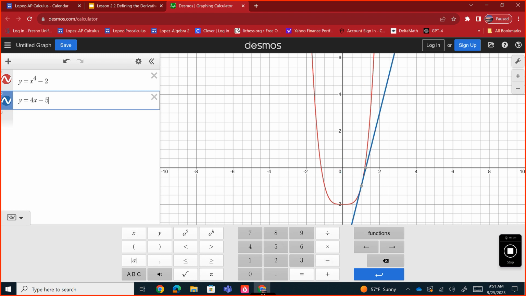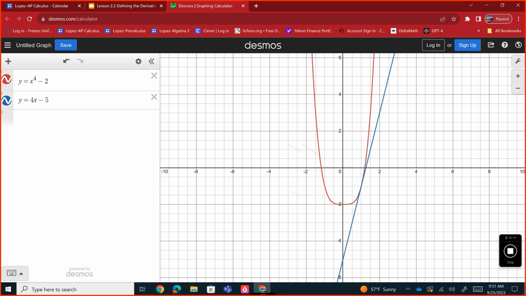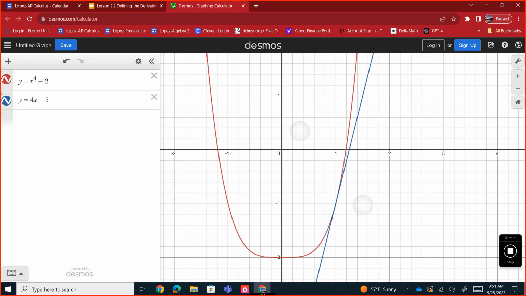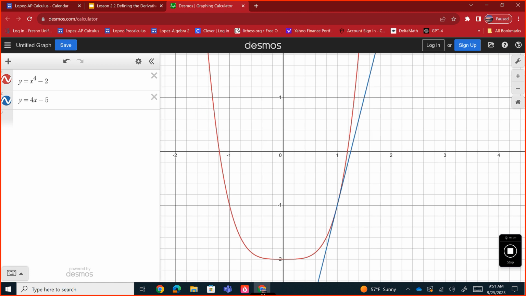Wow. Would you look at this? The tangent line at x equal to 1, right there. Yes or no? Yes? Got it? Everybody?